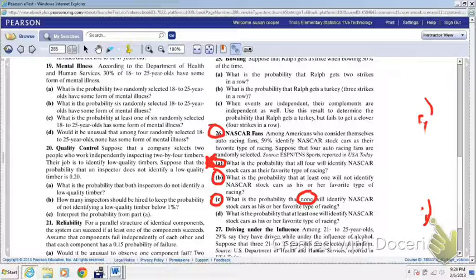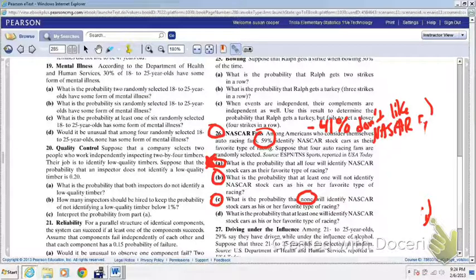Well, 1 minus the 0.59, right? So in other words, the opposite of this 59% is 41%. So 41%, you could even write that here, 41% would not have NASCAR as their favorite. I'm just going to write here, don't like NASCAR as their favorite.